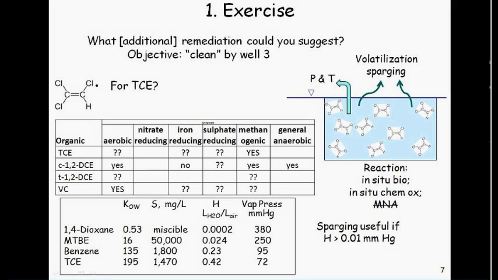We'd also have to be worried about the breakdown products, cis-DCE and vinyl chloride, which aren't terribly degradable under that condition. So in situ bio would become quite complex. We might try initially to turn the system extremely anaerobic, but we then might have to turn the system aerobic to polish off the breakdown products. So that doesn't sound very desirable. In situ chemical oxidation does work, so that's a possibility as well.